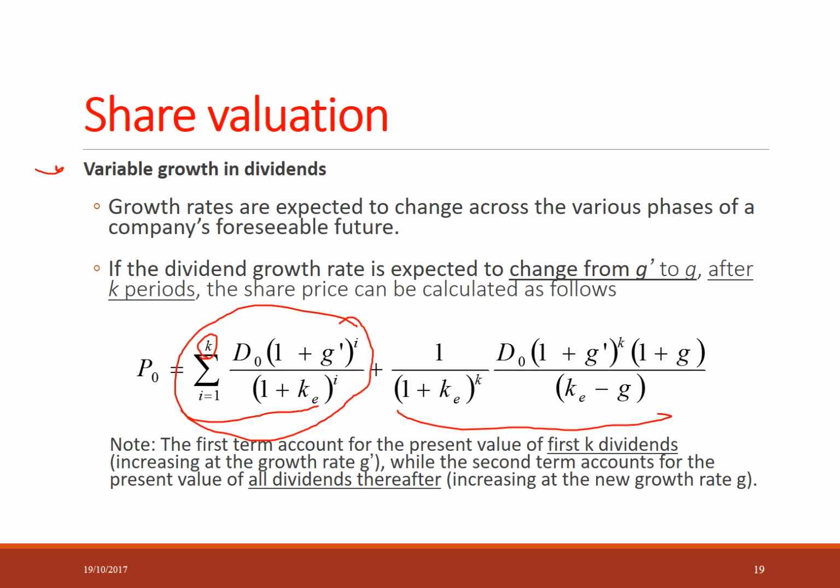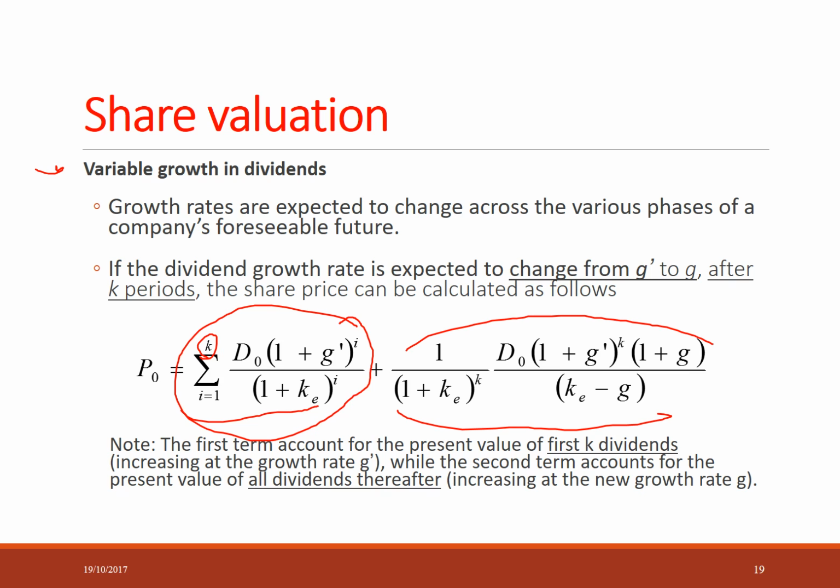So in the first few years of the firm's life cycle, when they go through a period of strong growth, this would normally be for 5 to 7 years. So in the first few years, we could have a different growth rate compared to the remaining years of the firm's life. We assume that the growth rate becomes stable.